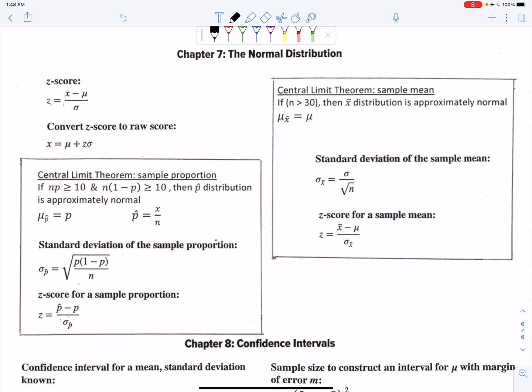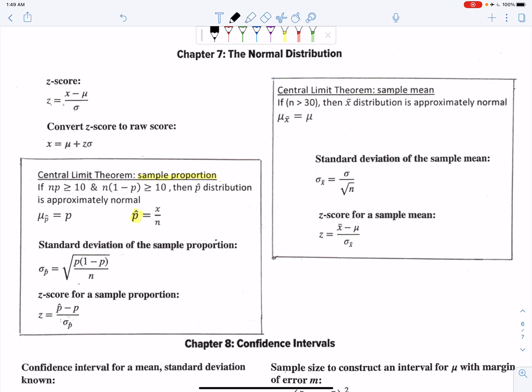If you remember back in chapter 7, we had a sample proportion. So this p hat, let me see if I can highlight this. This symbol right here, p hat, means sample proportion.